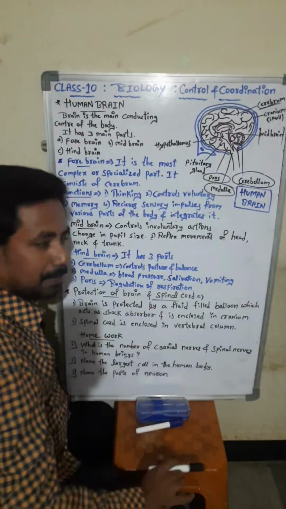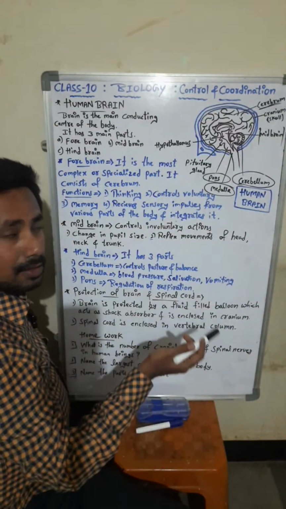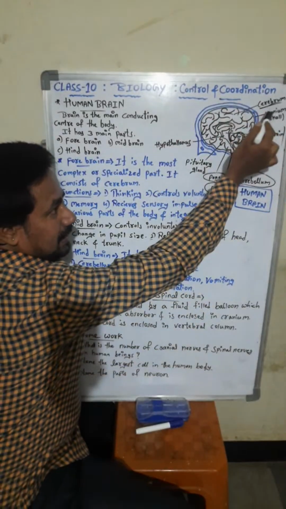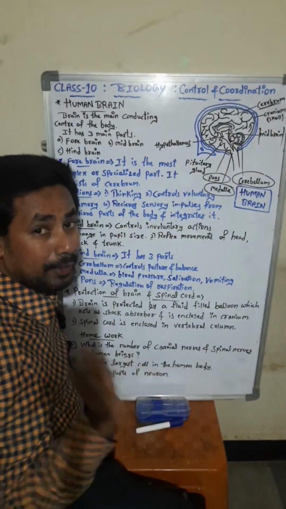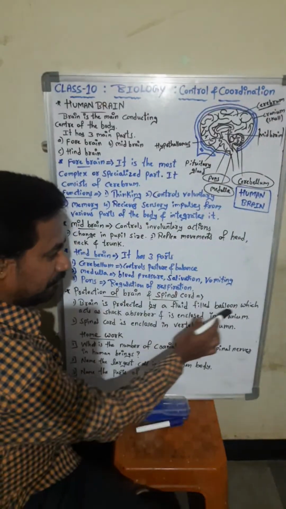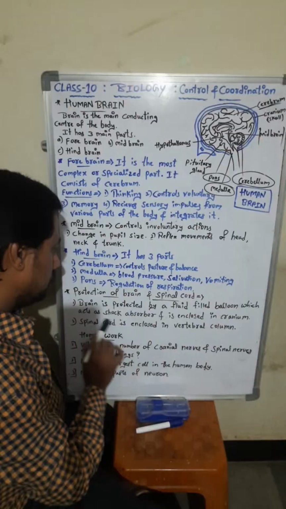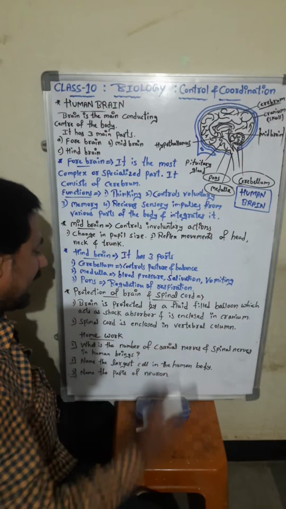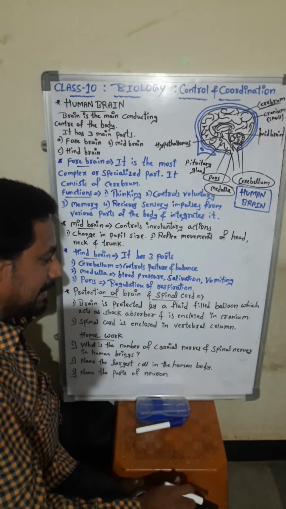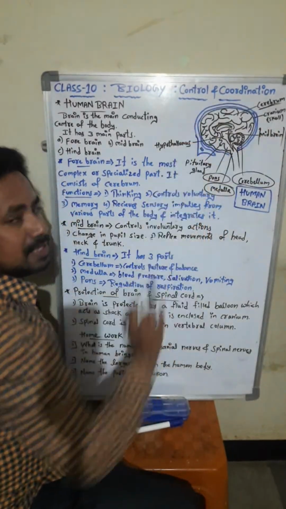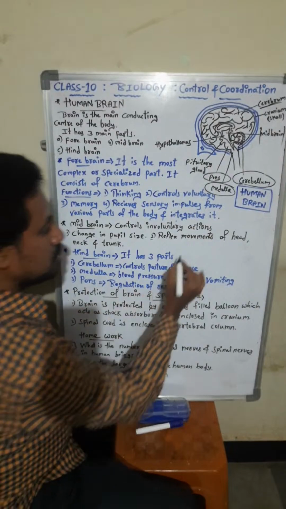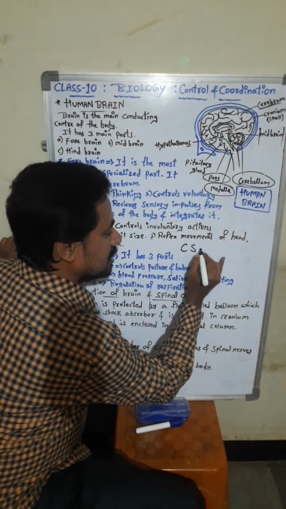Brain is protected by a skull, and in between the skull and brain there is a fluid, students. That fluid-filled balloon acts as a shock absorber, and it is enclosed inside the cranium. In between the cranium and brain there is a fluid that is known as CSF.